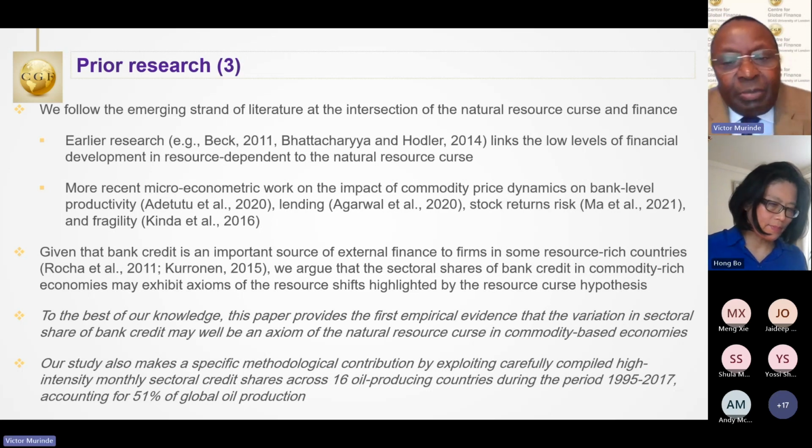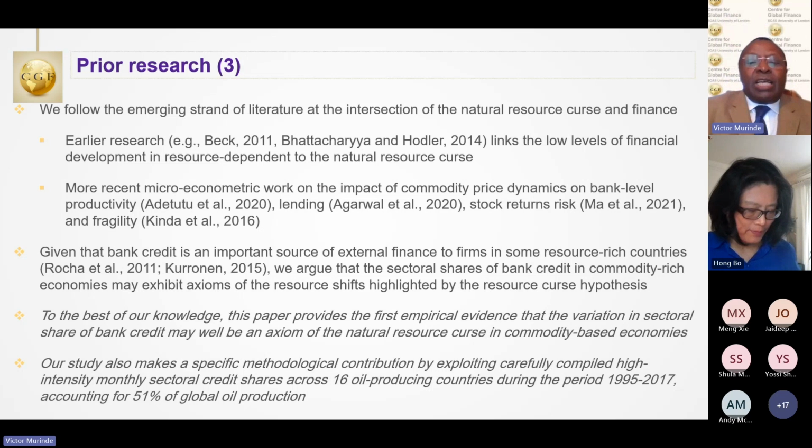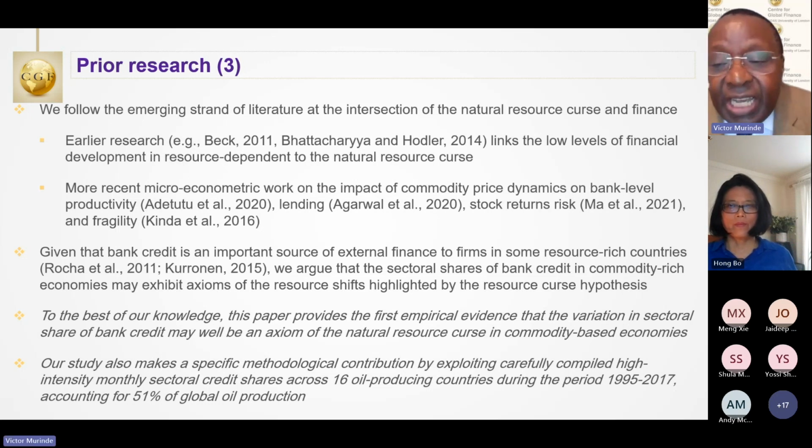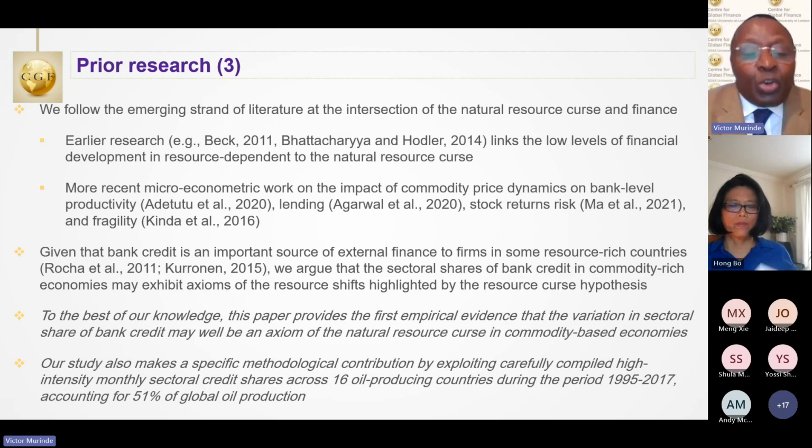Now, we argue on the basis of this that if we look at the role of banks in providing external finance to firms, which is a standard corporate finance argument, we would need to give another dimension of bank activities in terms of their sector allocation of lending, so that we are looking at the sector shares of bank lending in commodity-rich economies.